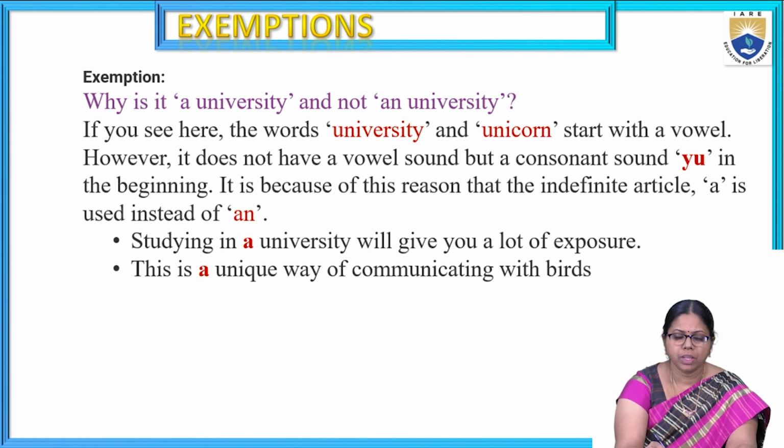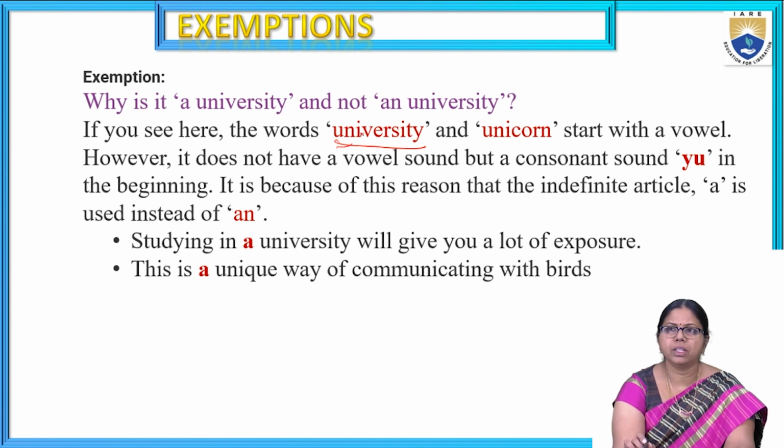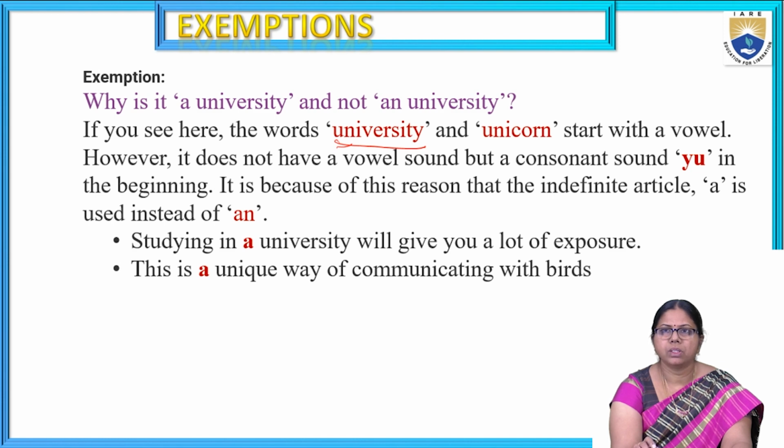So when you pronounce the word university, the first sound you get is a ya sound. When a word starts with a consonant sound, the appropriate article is a. So that is the reason why we use a instead of an.